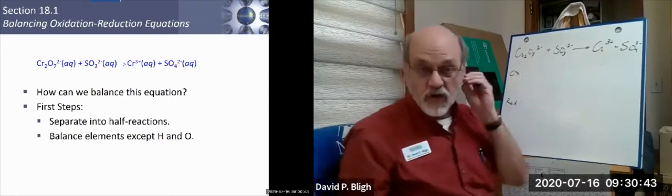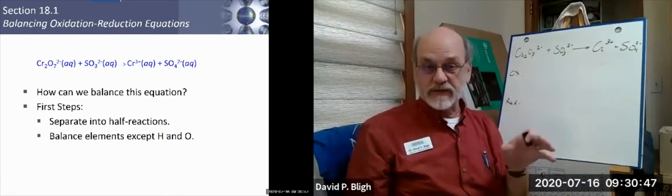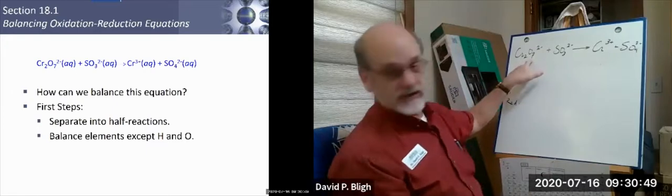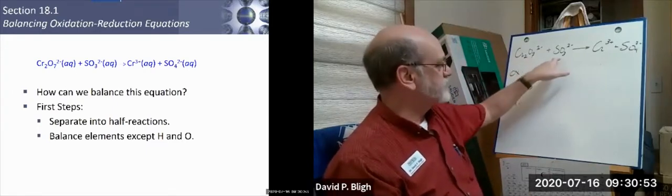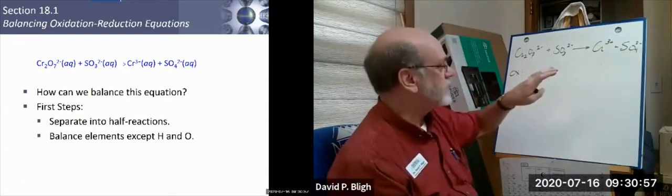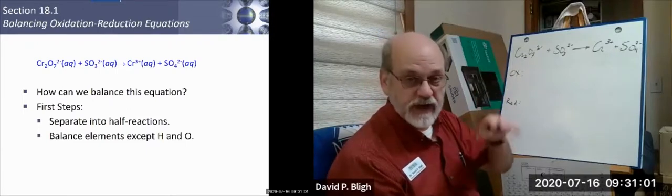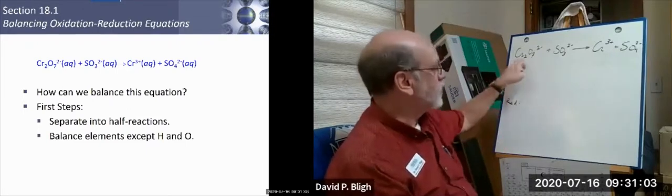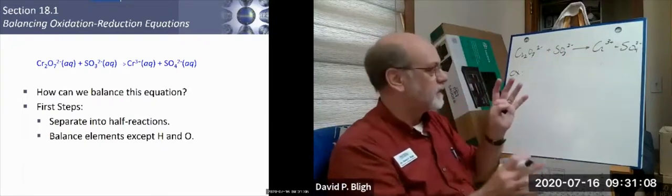Well, you've got to know the oxidation state for each of the elements. Oxygen's not going to change. Not in this case. That's a 2 minus, that's a 2 minus, that's a 2 minus for oxygen. So really, the elements that are being oxidized or reduced are chromium and sulfur. We just need to know which one.